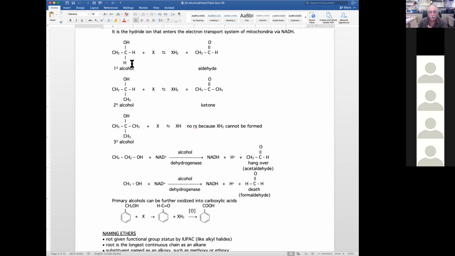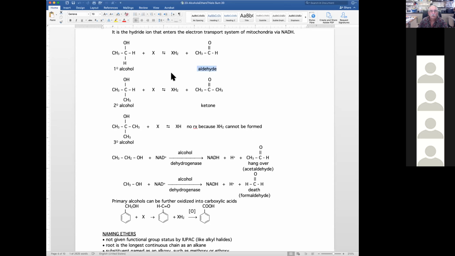And because we are talking about alcohol, it's the alcohol functional group that would have to be involved. So there's one of the hydrogens I'm going to take off right there. And where's the other one? Well, either this one or this one. So I make my XH2. Now I see that that oxygen needs another bond. So does that carbon. So I generously let them have that double bond. And you get an aldehyde. Okay.